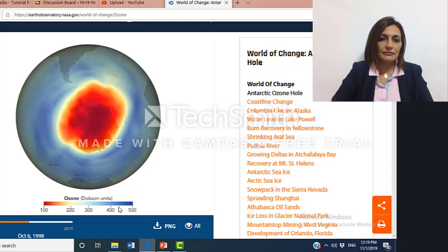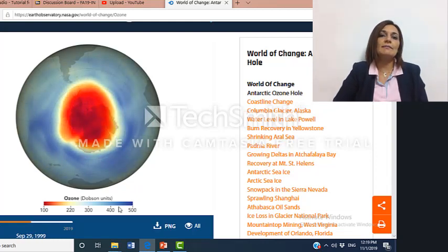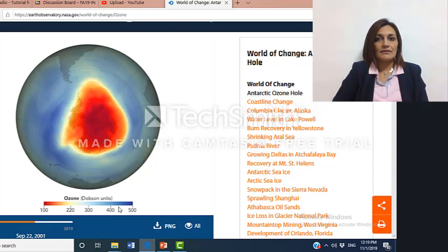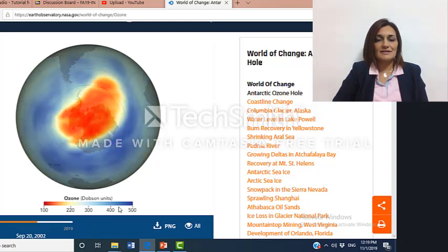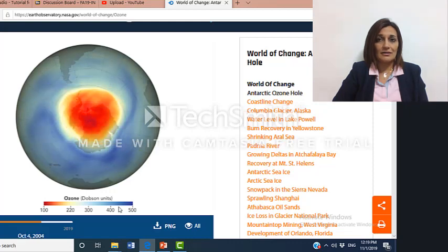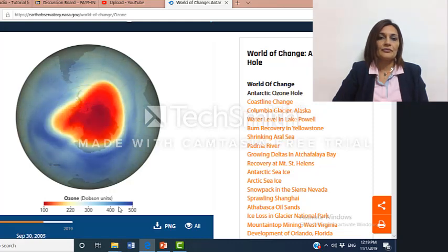So again, it's a metaphor. We don't have a hole per se, but rather a loss in O3 level. And if this loss is less than 220 Dobson units, then we remark it as a hole. Okay.